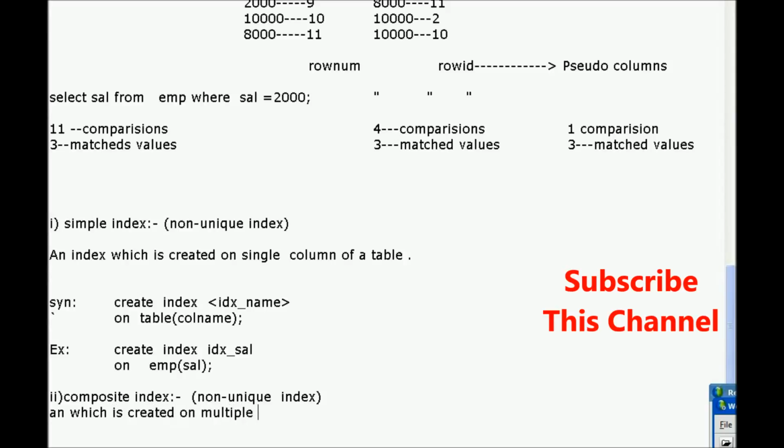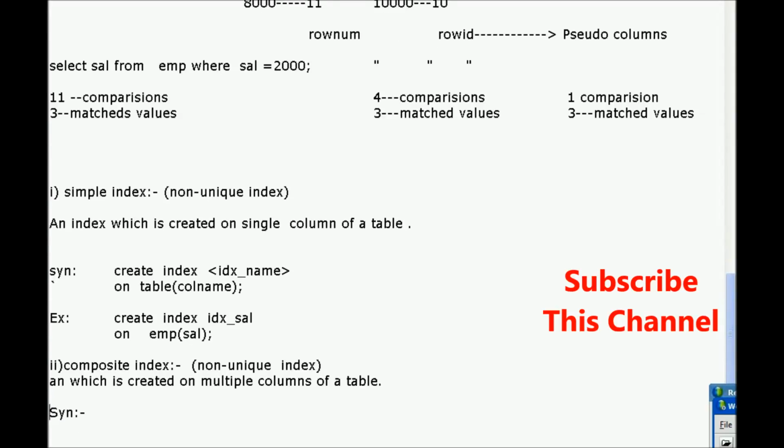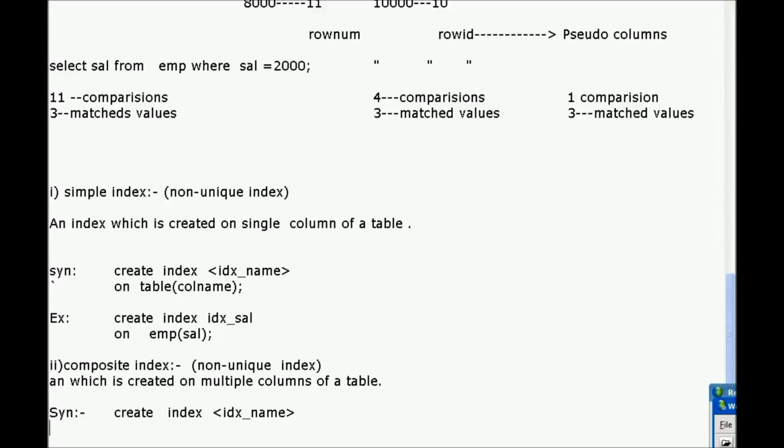The syntax is: create index, the index name, on the table, and in brackets column 1, comma, column 2, and so on.